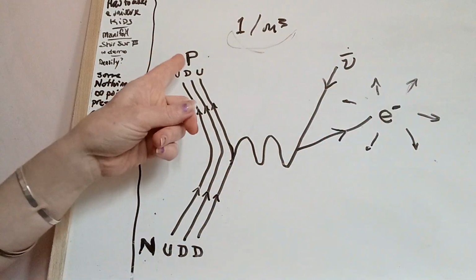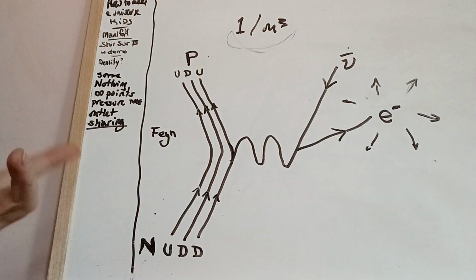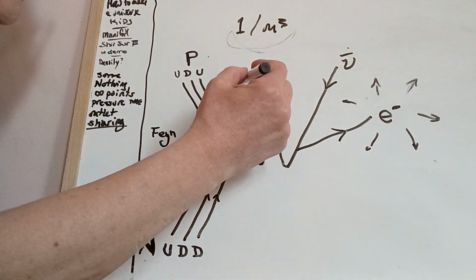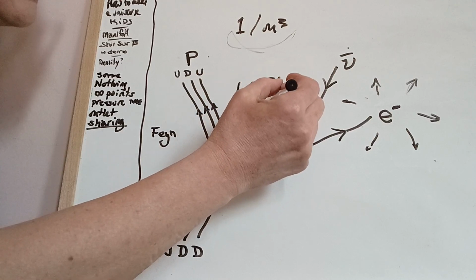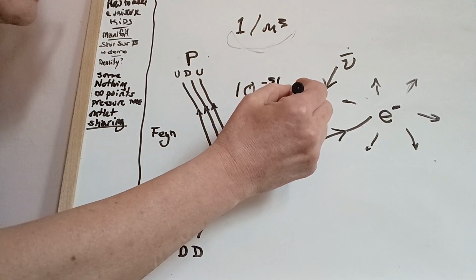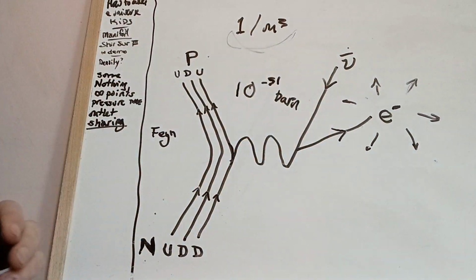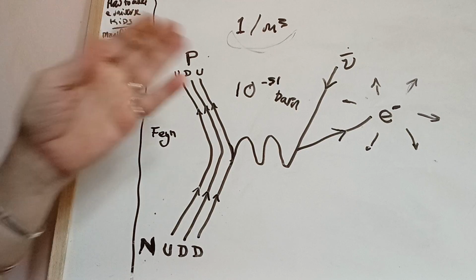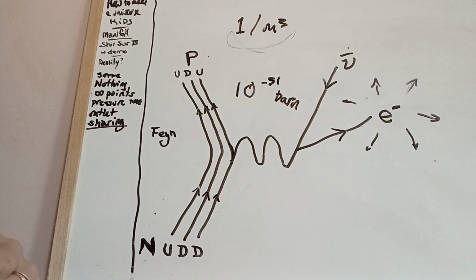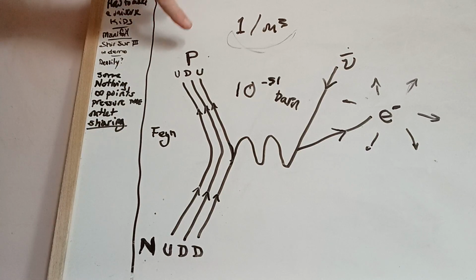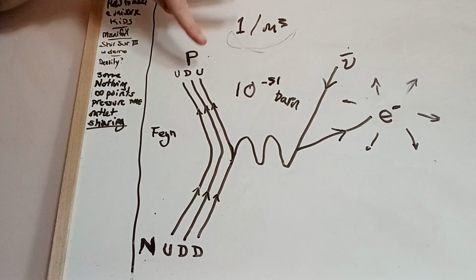These particles have a cross section. You can look it up, but I looked it up. It was in the order of 10 to the minus 31 barn. In that realm. So that seems quite low. If there's a physicist who wants to do some calculations for me to prove that I'm an idiot or something like that, I would love that.